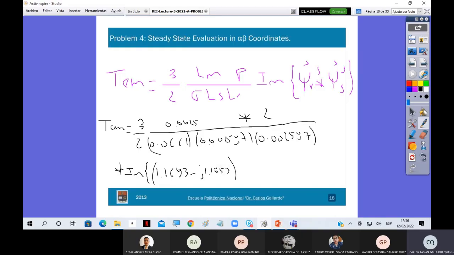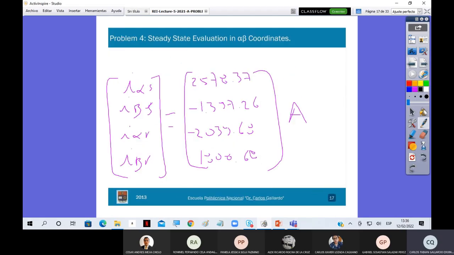This is the rotor flux space vector times the stator flux space vector, I will have 1.5710 plus j 0.9070. Okay, so the electromagnetic torque is equal to 13.6 kilonewton meter. Okay, this is the electromagnetic torque.